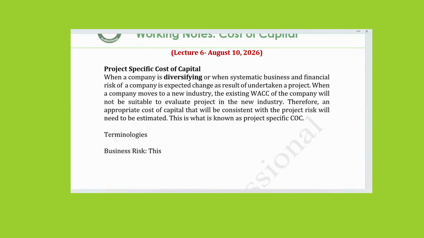This is the risk associated with the industry where a company operates. It is also known as operating risk.